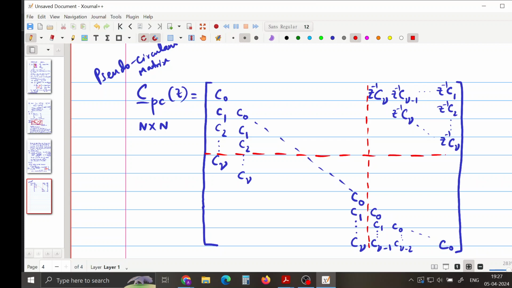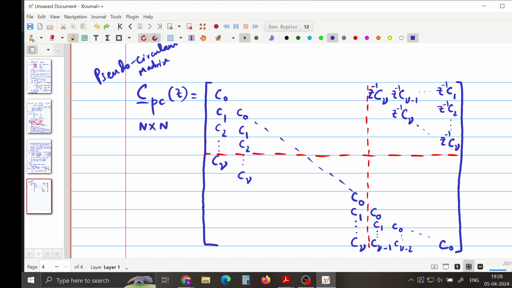So the reason why I am drawing this line is that, in this particular quadrant, all my Z inverse terms, the memory terms, are lying. I want to get rid of these terms just for the sake of eliminating interference.